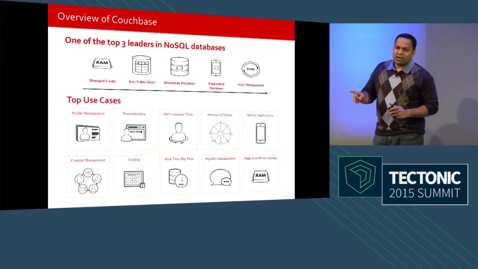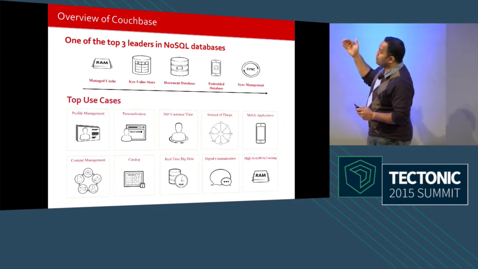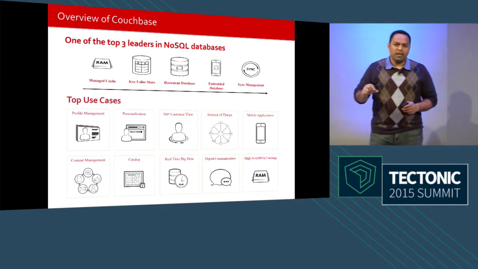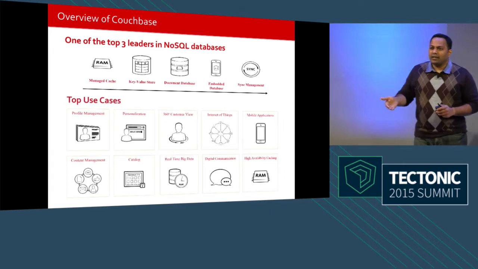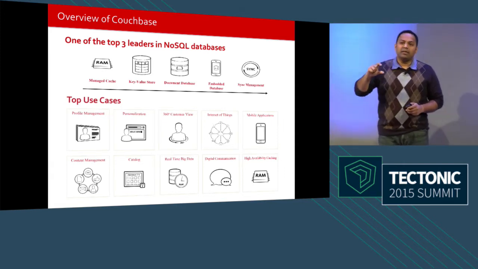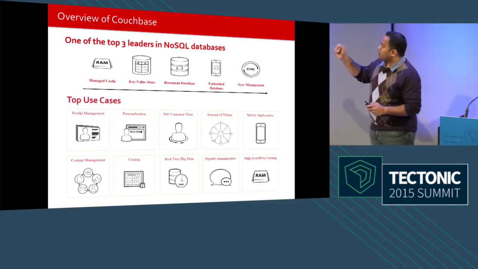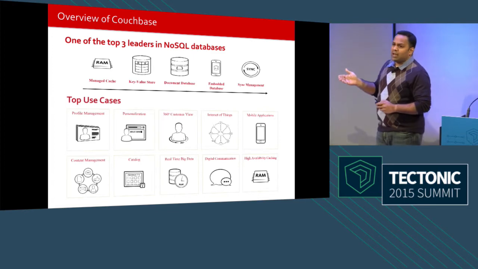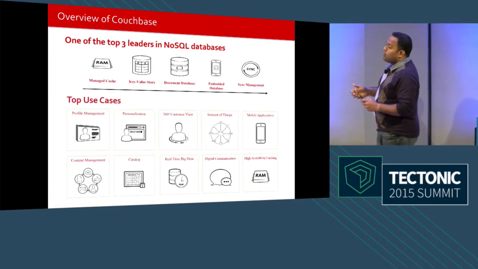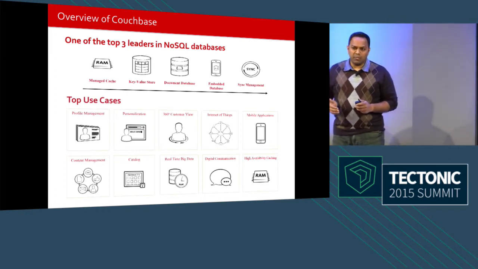It's one single technology, but they use it for managed cache, which is just to speed up their other databases, like relational databases. In this case, it acts as an in-memory database. There's no persistence. Couchbase can also be used as a key value store, and also as a full-fledged document database. We support JSON documents natively in Couchbase.